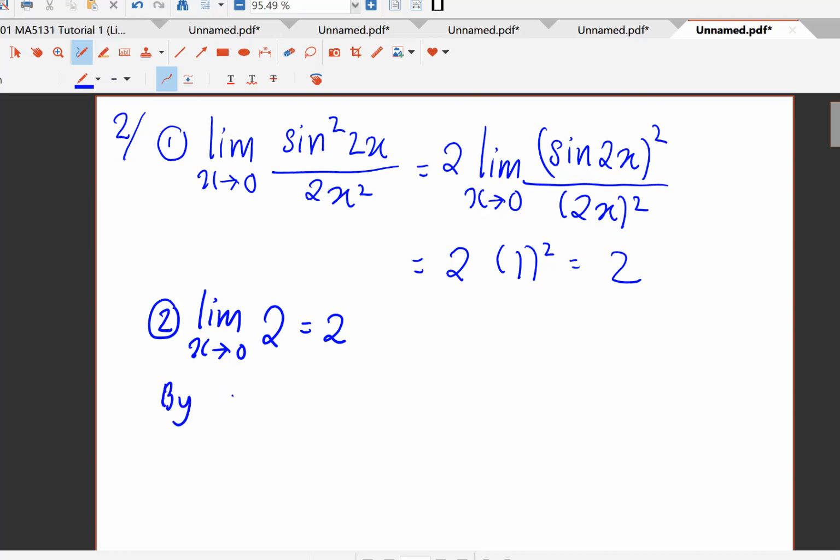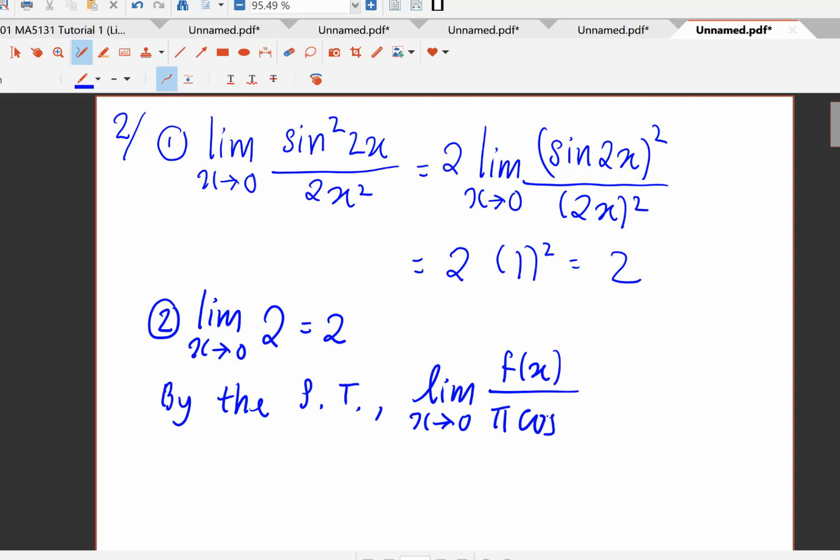By the squeeze theorem, limit pi is equal to 2.